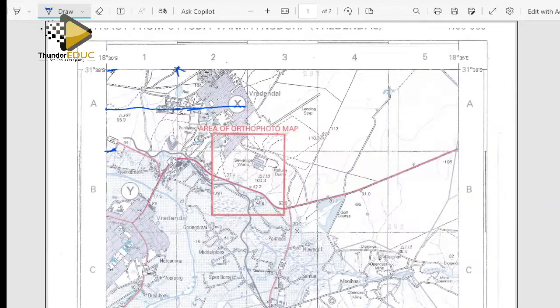So our block is this block here with this northwest corner. By looking at this, we want to estimate the value of longitude. Our value of longitude in seconds is 19. It's 18 31 and 19 seconds.